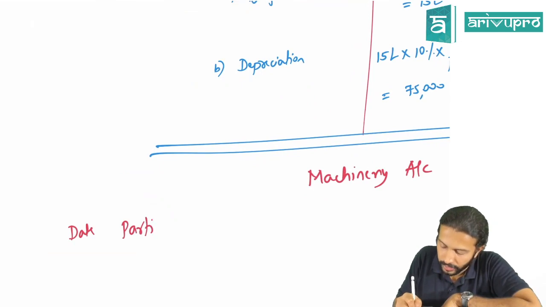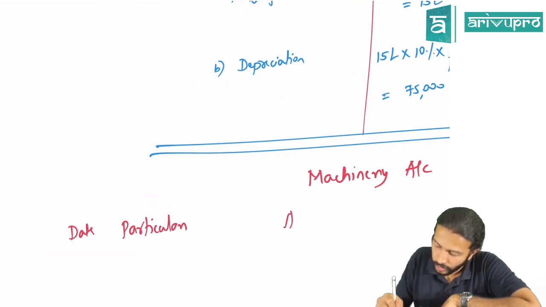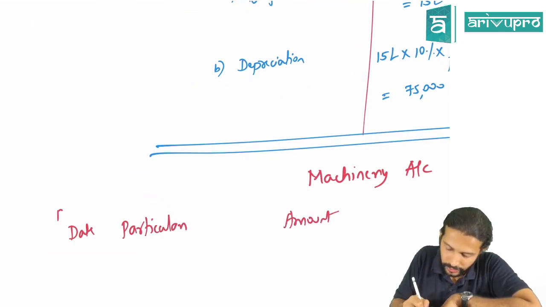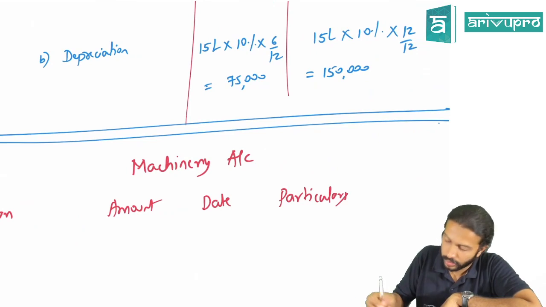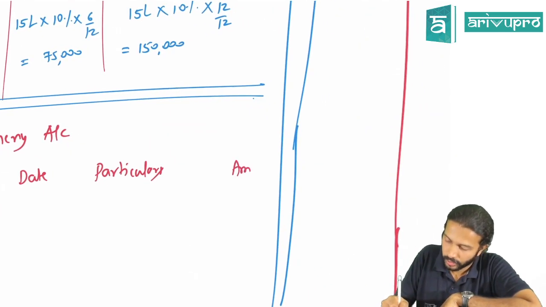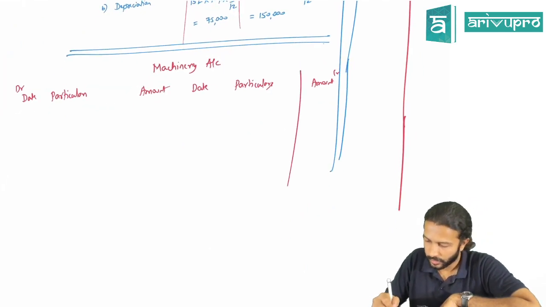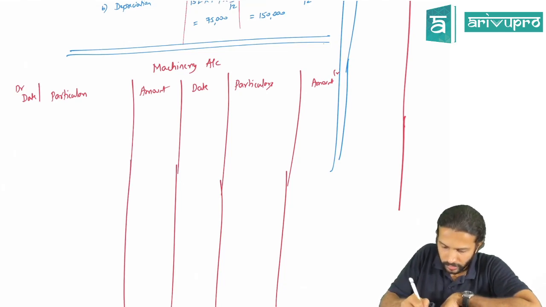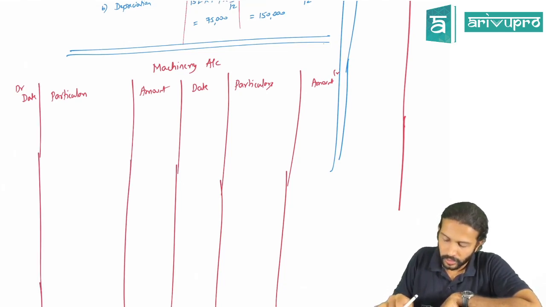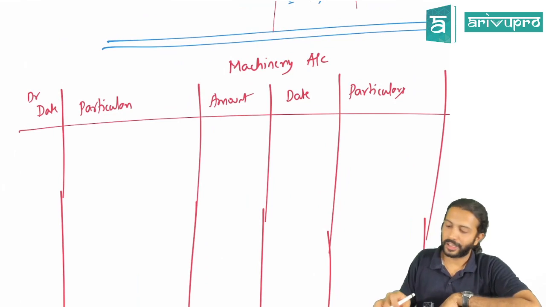Date, particulars, amount. This is your debit side. Replicate the same on the other side: date, particulars, amount on the credit side. For 2 years, you need to prepare the ledger.